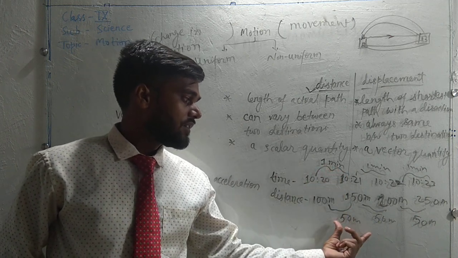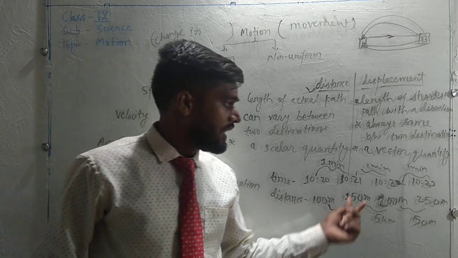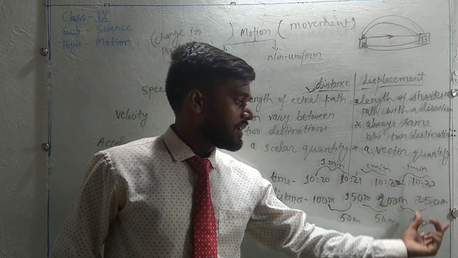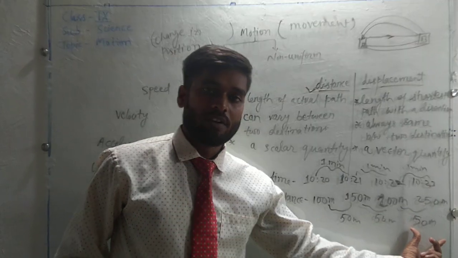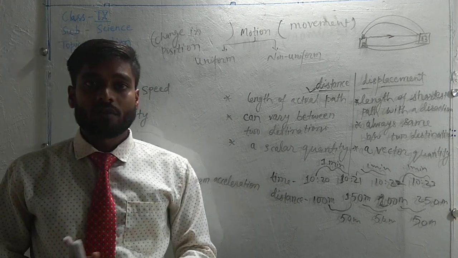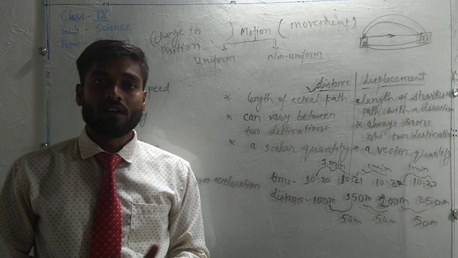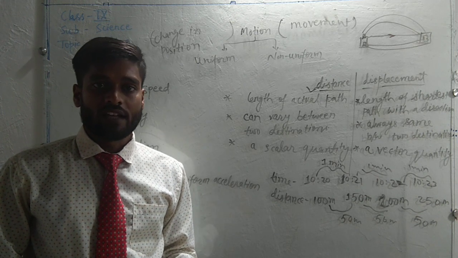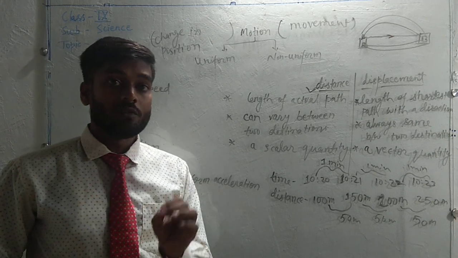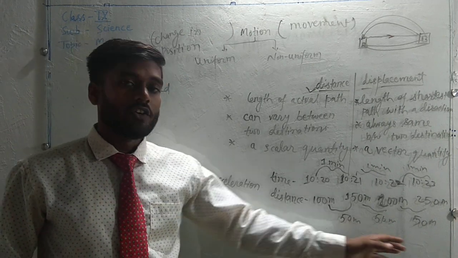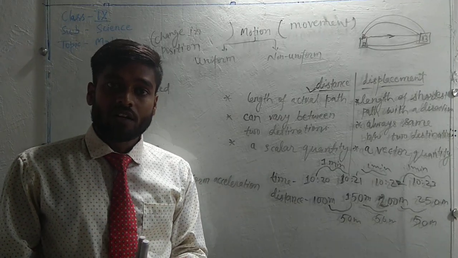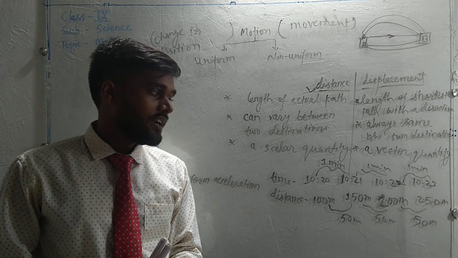If an object is in such a kind of motion where it covers equal distances in equal intervals of time, it is called uniform motion. Such motions are called uniform motions, where an object always covers equal distances in equal intervals of time.